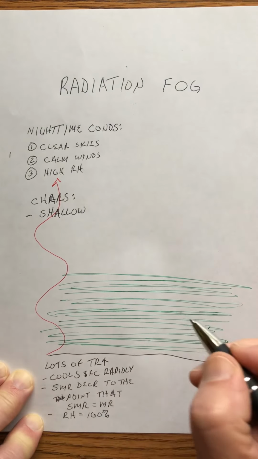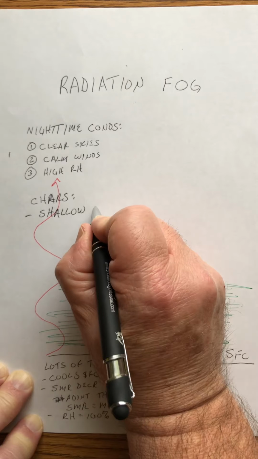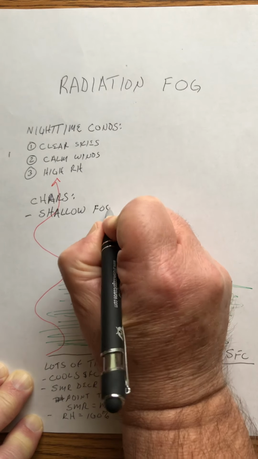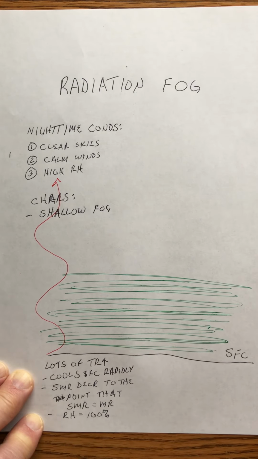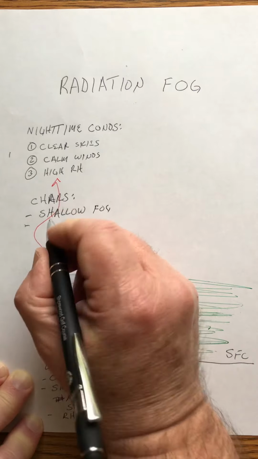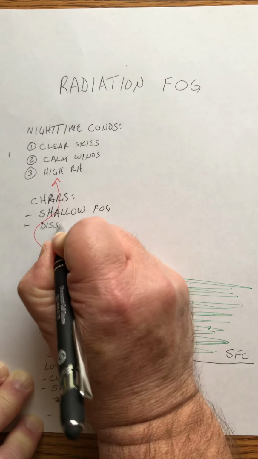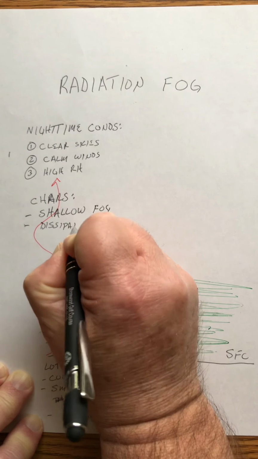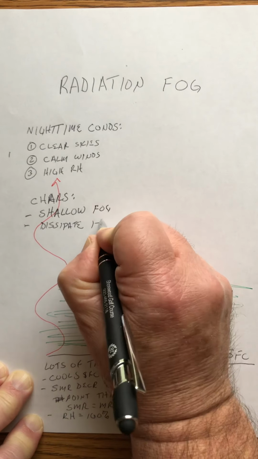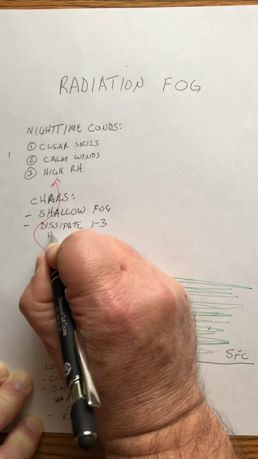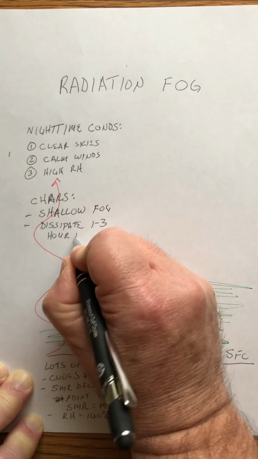Typically, they're tens of feet thick. And so they're not a very dense cloud typically. They're very shallow, and they often will dissipate fairly rapidly, 1 to 3 hours after sunrise.